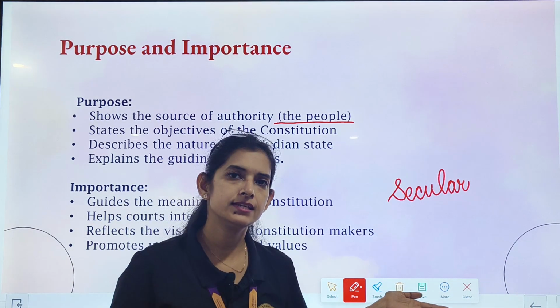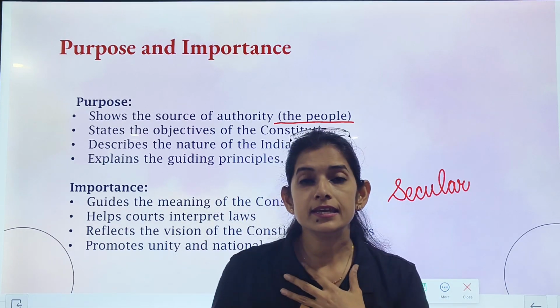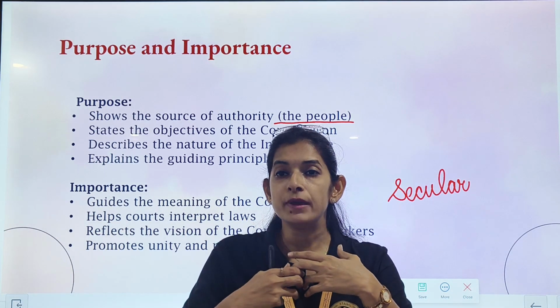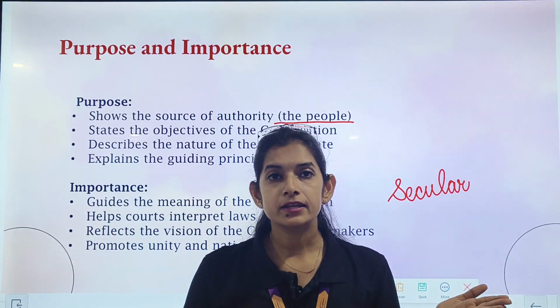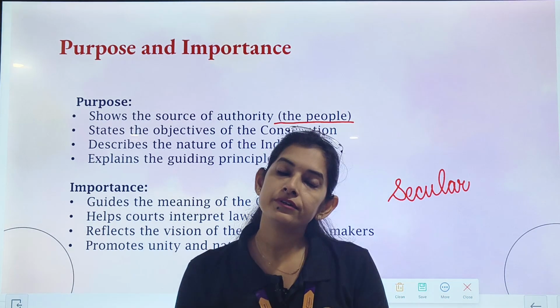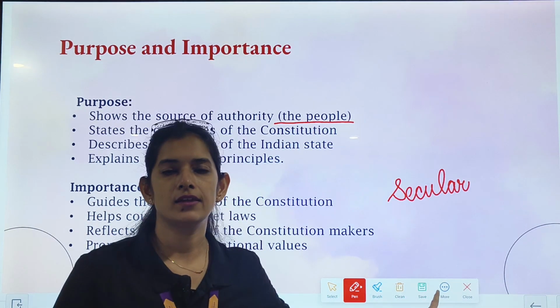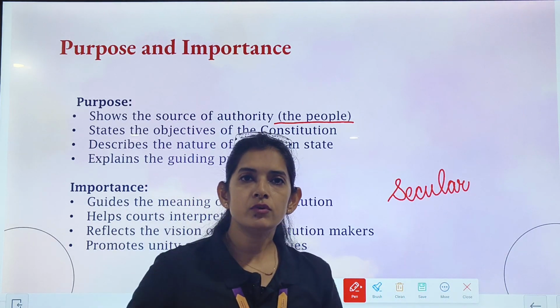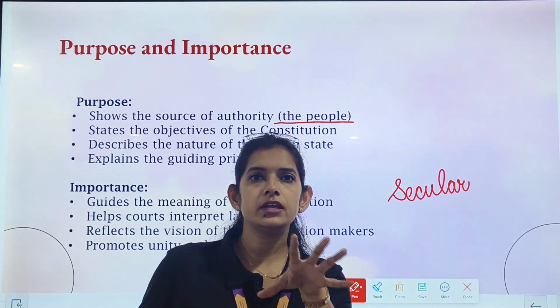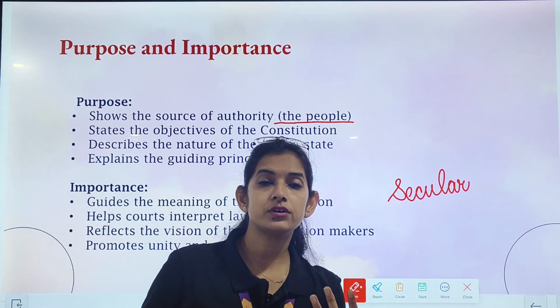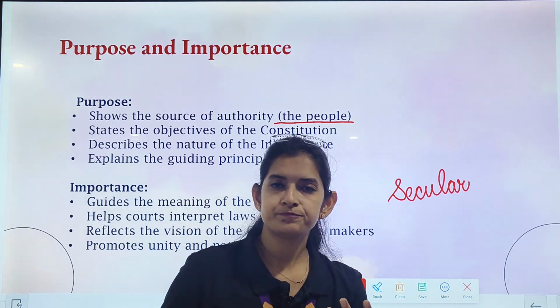Why is India termed a secular country? Because in India many people follow different religions, right? Why are people allowed to follow different religions? Because it is a secular country. If we followed only a single religion, it would not be possible for every individual to follow his or her own religion freely.